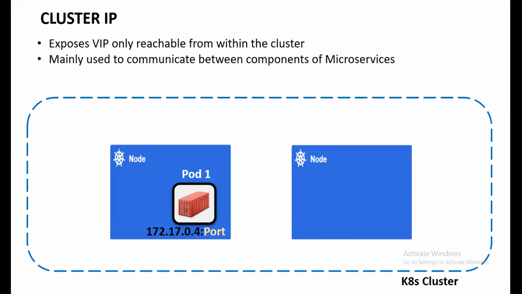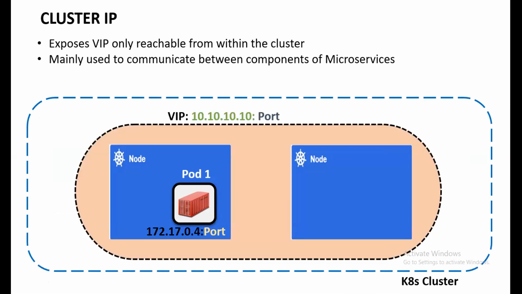Now, out of this, the first type is what we call as cluster IP. Now, what do you mean by cluster IP? Suppose you have a pod in which there is a container which exposes some port. Now, you want to access this pod within the cluster from any machine, but regardless of the IP of the pod.